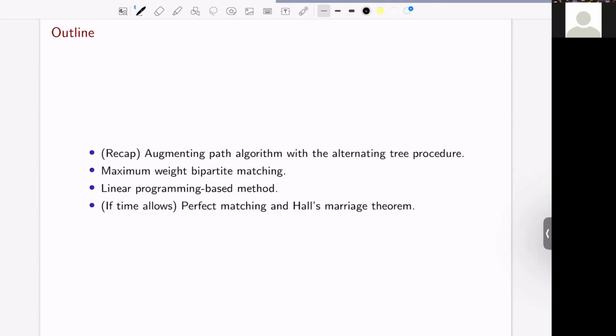The algorithm for this weighted case, dealing with different weights of the edges, is a bit different from what we learned yesterday. Of course, the algorithm from yesterday can be extended to the weighted case, but I take this opportunity to cover a different algorithm, which is based on linear programming. Linear programming is quite common for industrial engineering people, but maybe it's not as common in computer science or electrical engineering.